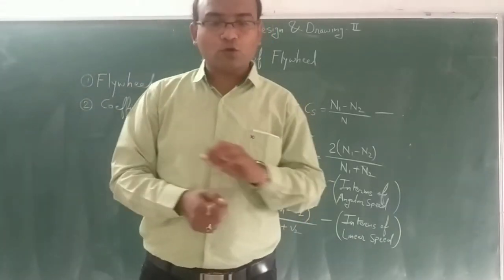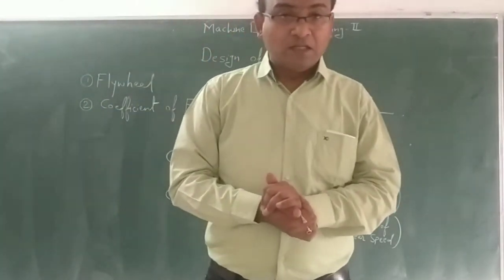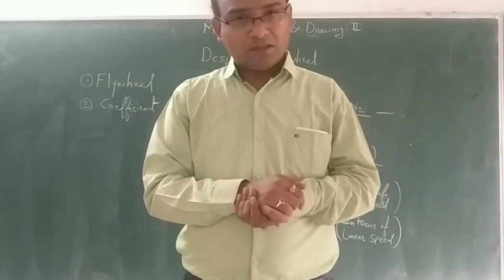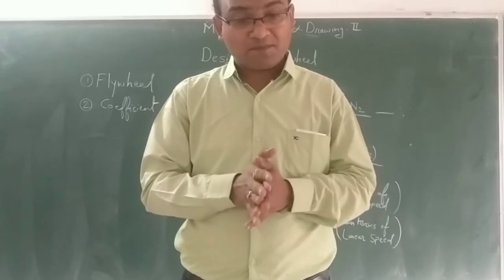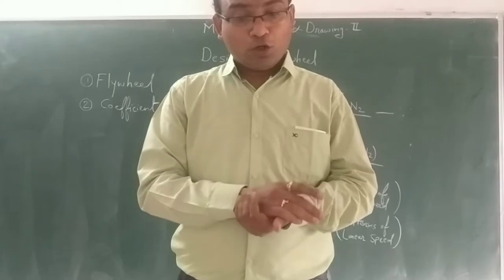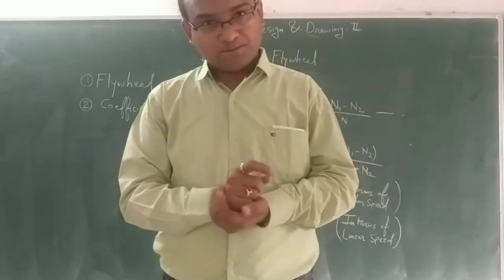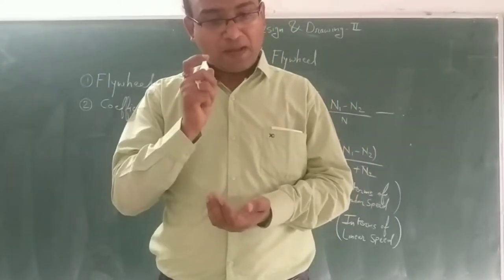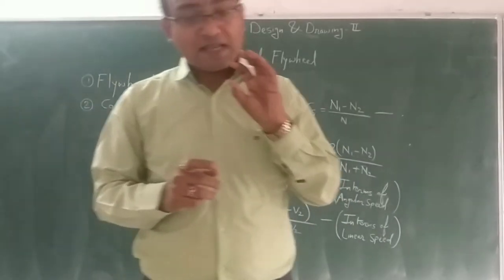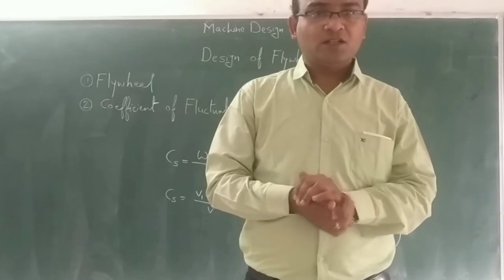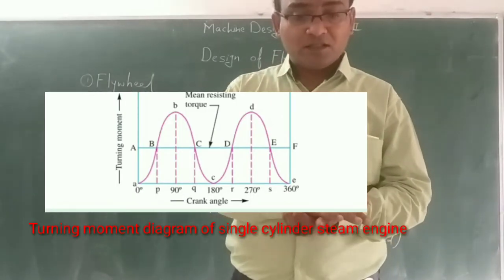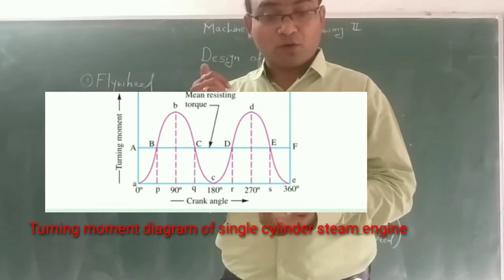What is the coefficient of fluctuation of speed? The difference between the maximum and minimum speed during the cycle is called maximum fluctuation of speed, and the ratio of the maximum fluctuation of speed to the mean speed is called coefficient of fluctuation of speed.